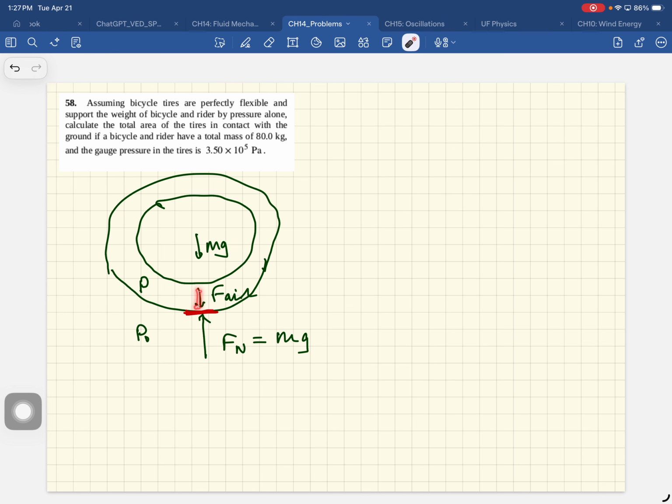So what I'm going to do is take 10 to the minus 4, multiply that by 35 times 10 to the 4, and then when that comes to the top, that becomes 10 to the minus 4.